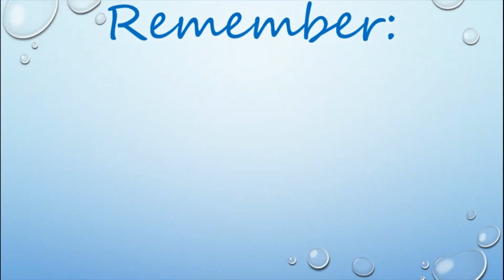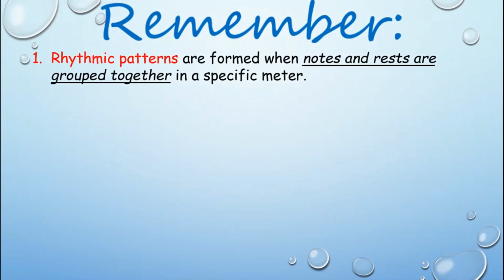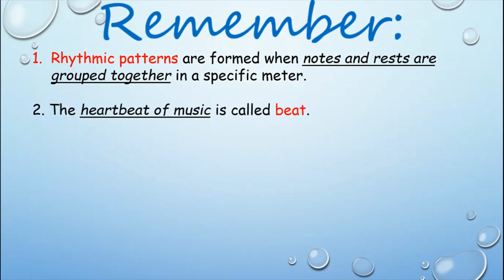Always remember natin, number 1, rhythmic patterns are formed when notes and rests are grouped together in a specific meter. So, meron tayong rhythmic patterns if there is a note and a rest in a meter. Very good. Number 2, the heartbeat of music is called beat.